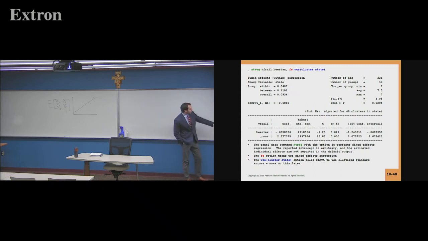So let's say a $1 increase in the beer tax is associated with a 0.65 reduction in the rate of vehicle accidents. It's the same way we interpreted the coefficients before. Now the p-value is 0.029, so it's statistically significant. It's a good thing.